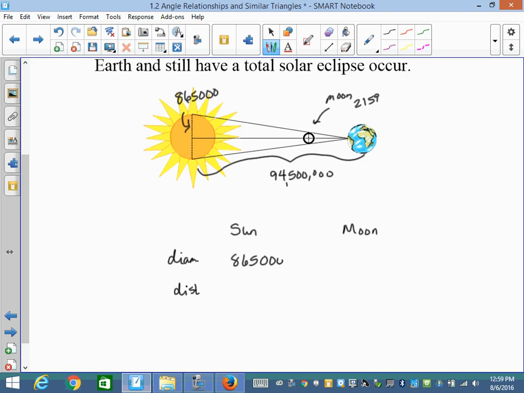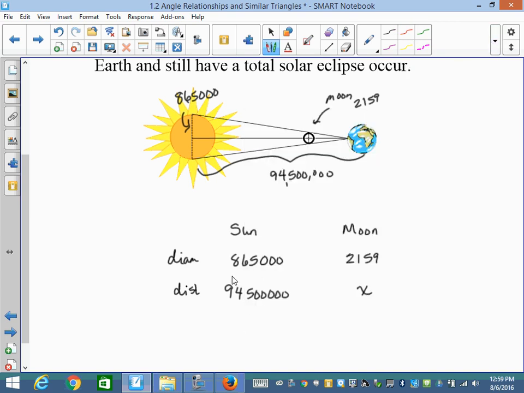There we go, I got it. The diameter of the moon, 2159. The furthest distance the sun is from the Earth is 94,500,000. And the moon, we don't know. So just like before, we're going to change pens again. Let's go to red.